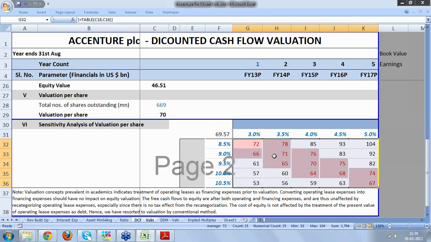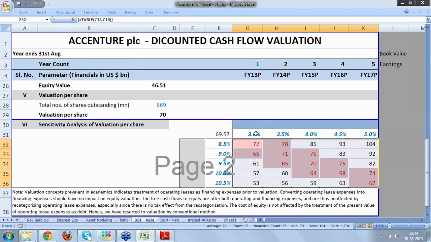A valuation ladder, or the ideal valuation range, is that range which contains at least one value coming from each row and each column, so that the valuation is justified by each combination of terminal growth rate and WACC. Remember that your valuation is neither impacted much by terminal growth rate alone nor by WACC alone. It's actually the differential between the two, R minus G, which impacts the valuation most. So between R and G and R minus G, it's the R minus G which plays the role.